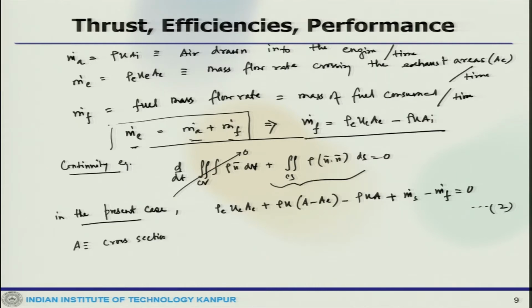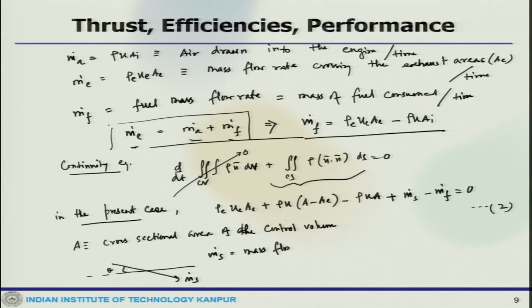So, across all the control surfaces, this is what we get from the continuity equation, and A here is the cross sectional area of the control volume. Okay. Now, this is the structural support where we have m dot s, with angle theta. m dot s is the mass flow rate of air through the side surface.